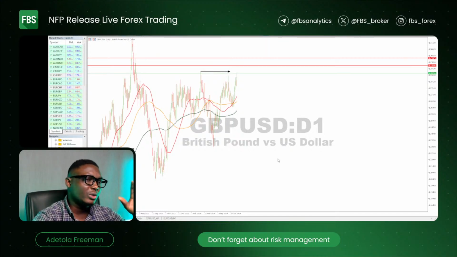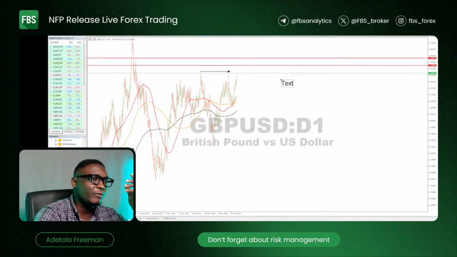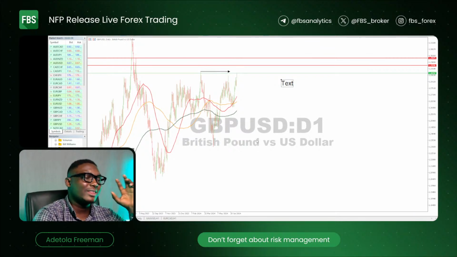The first thing you must understand is that news events lead to increased volatility. It is based on that increased volatility that we predict a breakout.